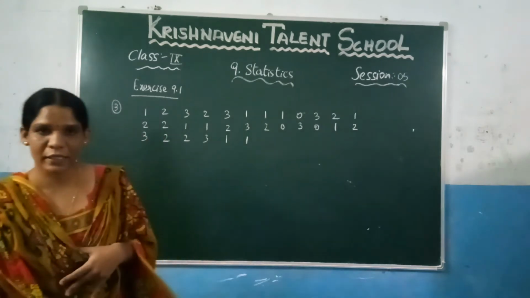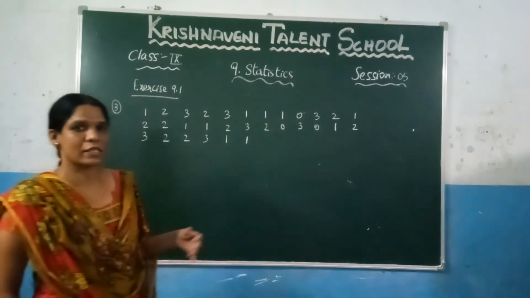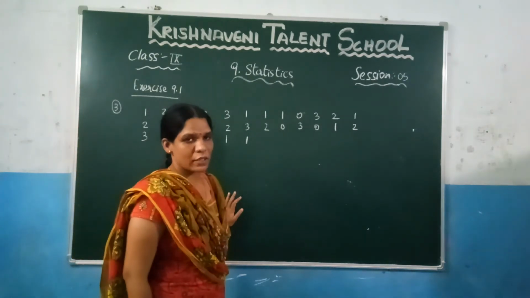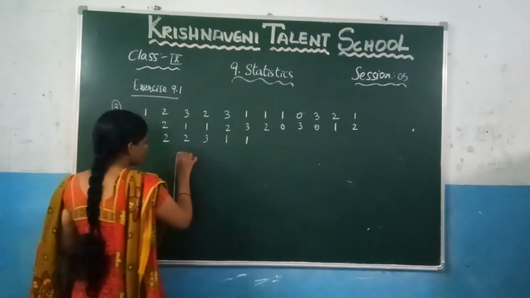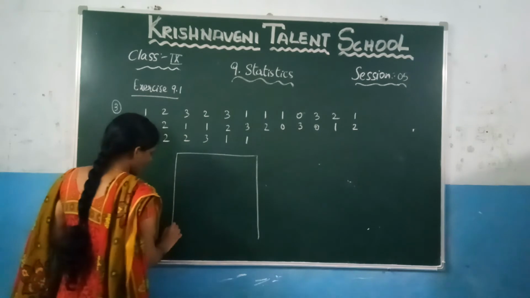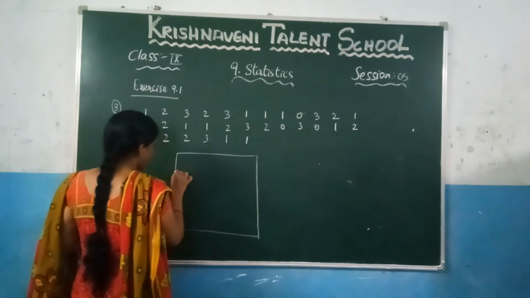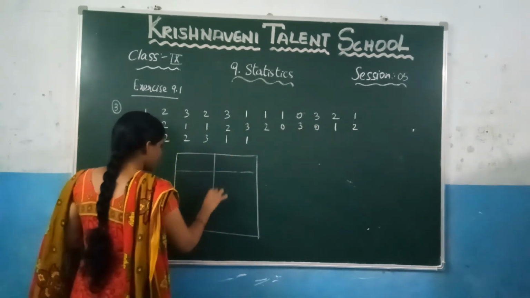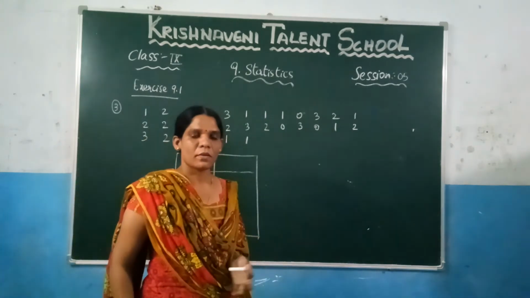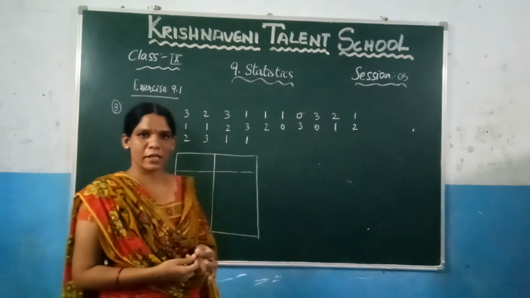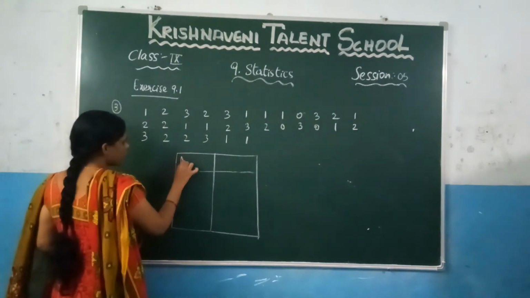This is the data they have given here. Based on this data, you need to form the frequency distribution table. Let us draw a table here. On what basis are we drawing this? To find the number of heads, right? So the first column will be the number of heads.